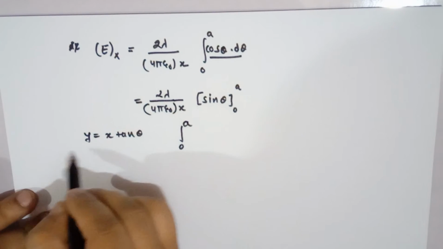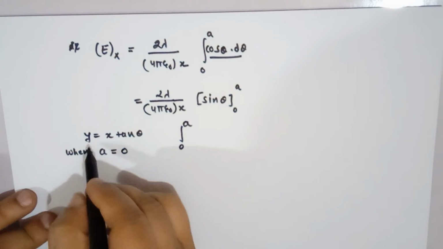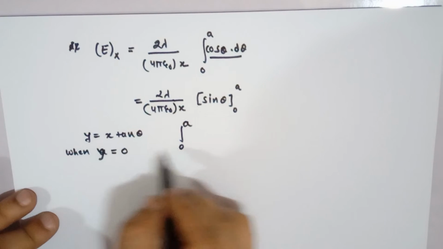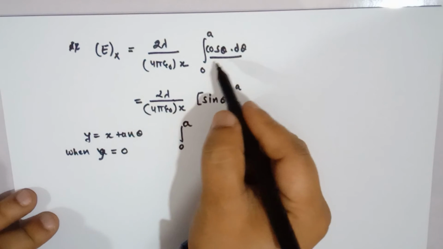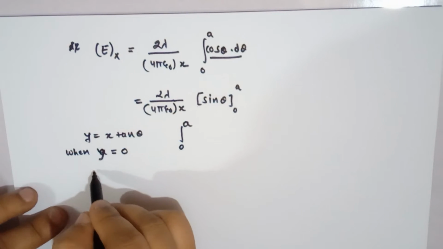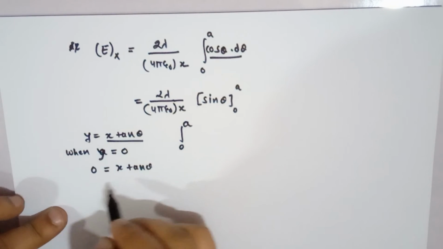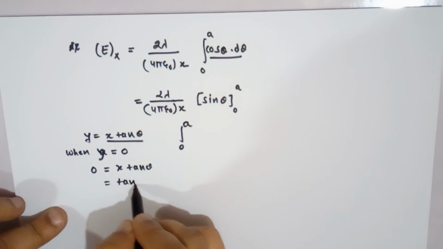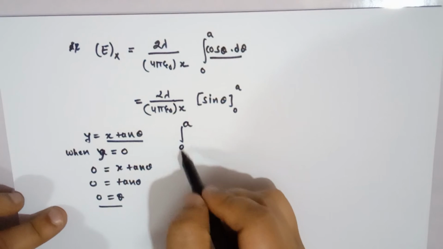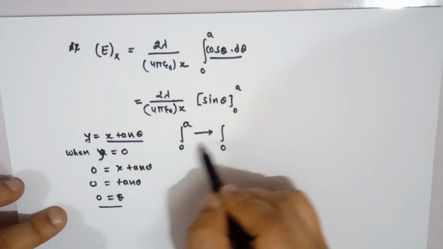When we put y equal to 0 in this equation, 0 is equal to x tan theta, so tan theta would be 0, so theta would be 0. So if you change this limit, the lower limit would be 0.